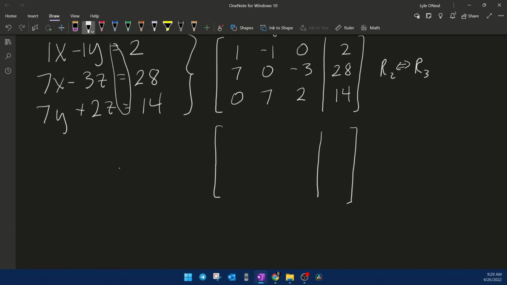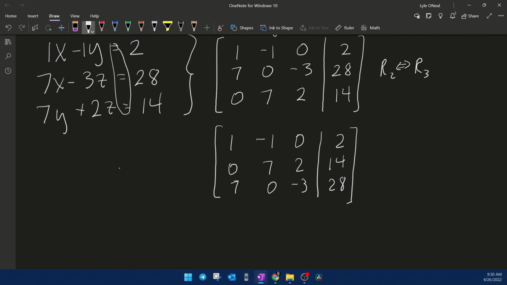So the first row is unaffected, and we always want to copy and paste the stuff that doesn't change first. And then row 3 becomes row 2, and row 2 becomes row 3. And that completes the row swap.